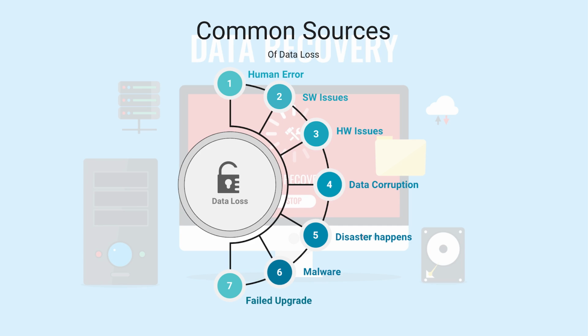Number 6, we have also malware. Malware in some cases has multiple purposes or goals. One of those could be to get control of that data. In some cases we've seen malware that just hides those files or folders. In some cases it renames your files and puts different symbols on the file names, making it difficult to identify which file is actually the right one.